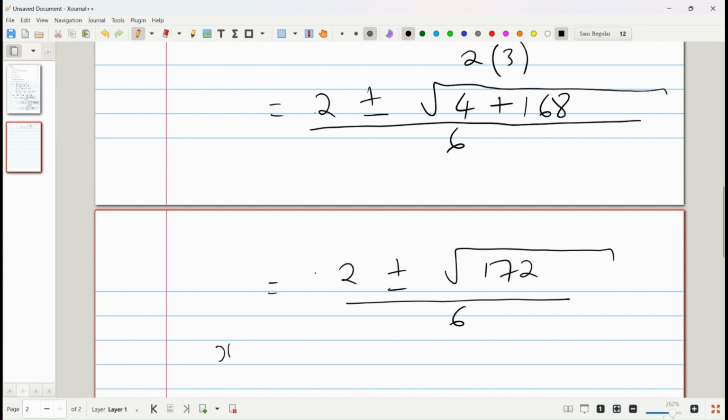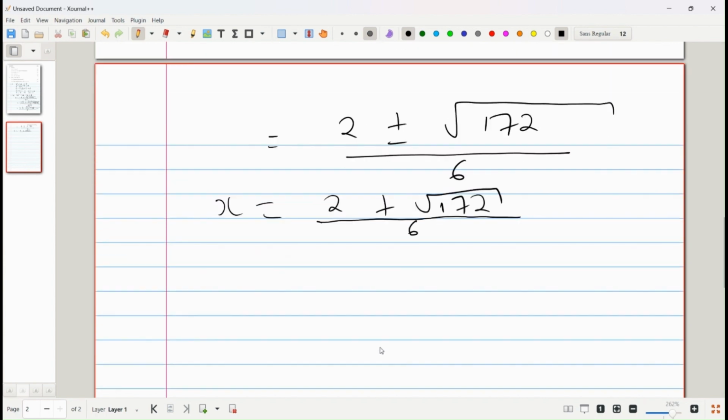So your value for x will equal, let's say now you want to use addition, not subtraction, 2 plus the square root of 172, all divided by 6. So you check this with your calculator.